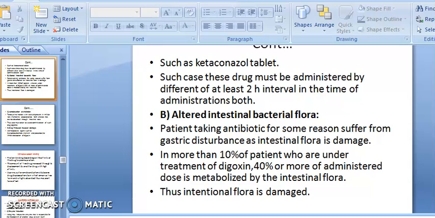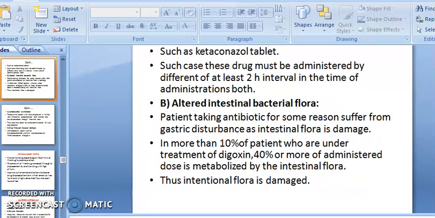Altering the intestinal microbial flora. As you know, microbial flora, the good bacteria, are present in your intestine. Patients taking antibiotics for some reason suffer from gastric disturbance, and the intestinal flora is damaged. Antibiotics have a property to decrease or damage your intestinal flora.